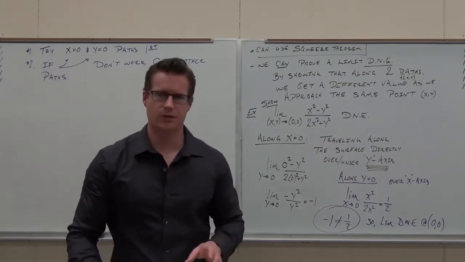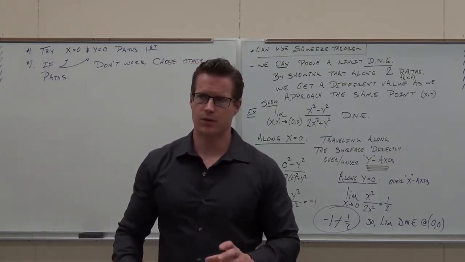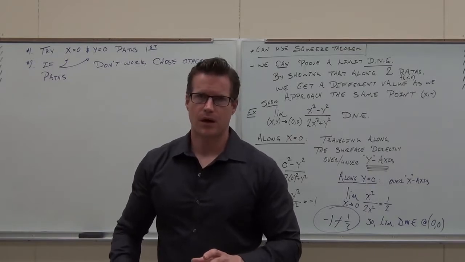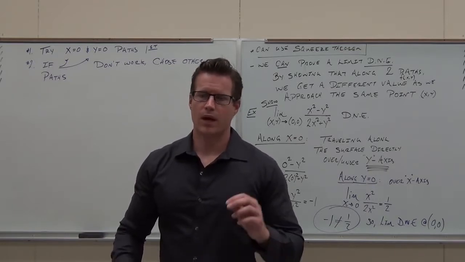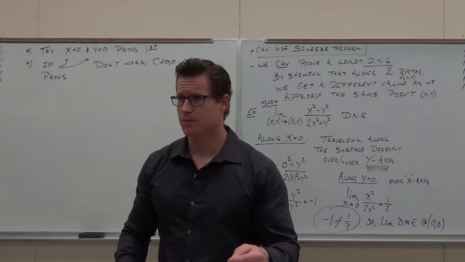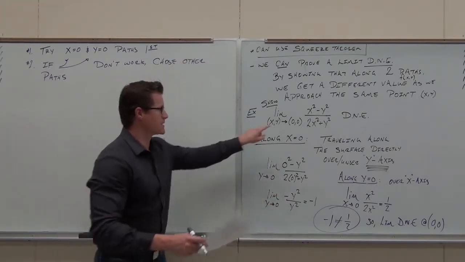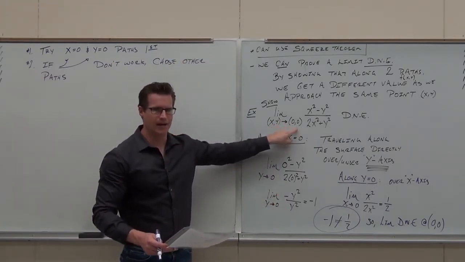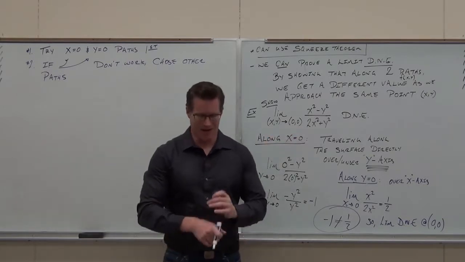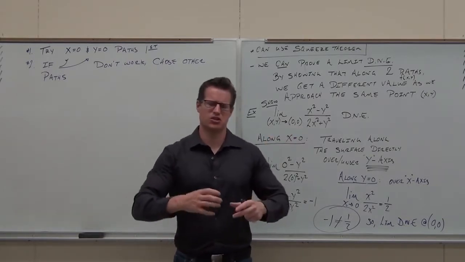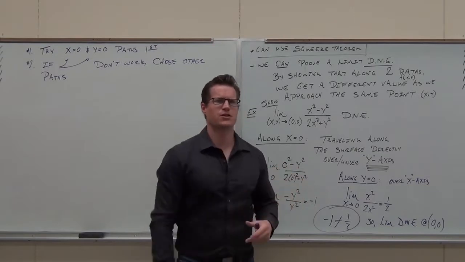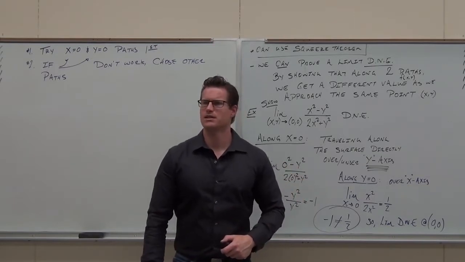A few notes here. There's a couple that I want you to know that are really going to help you. Number one, whatever path you choose must contain that point. Why would you go, okay, I want to check the limit at 0, 0, so let's go through 5, 2? Does that make sense?